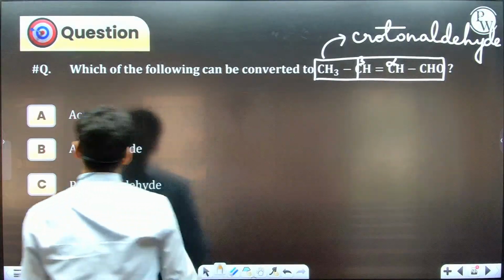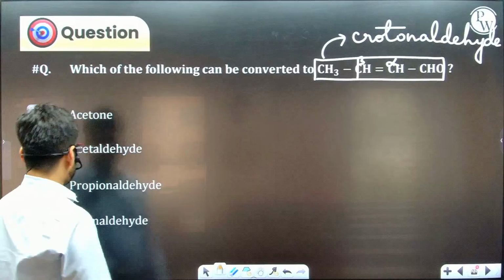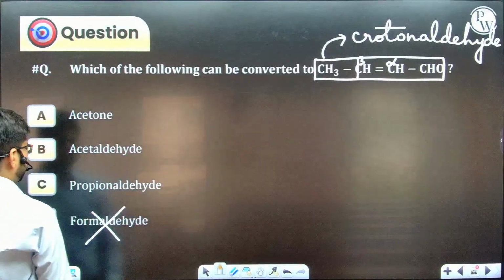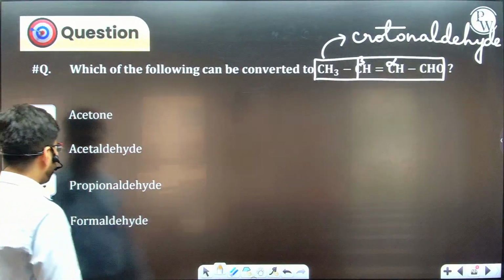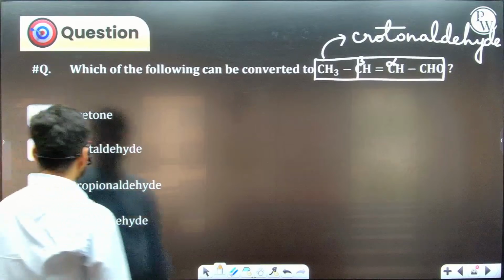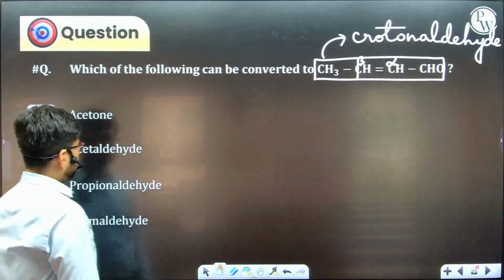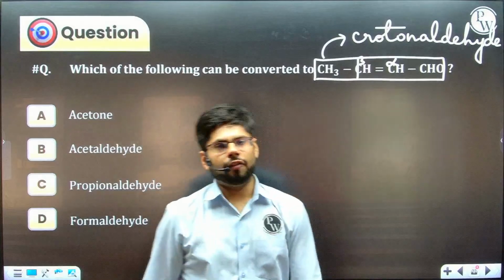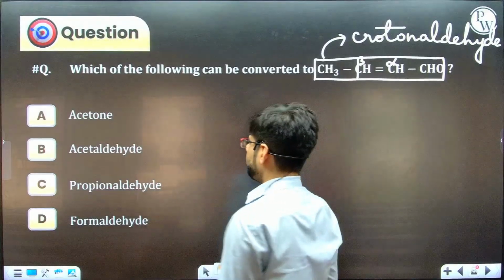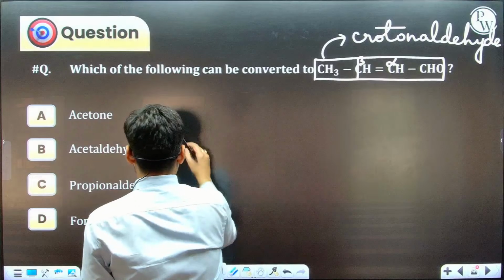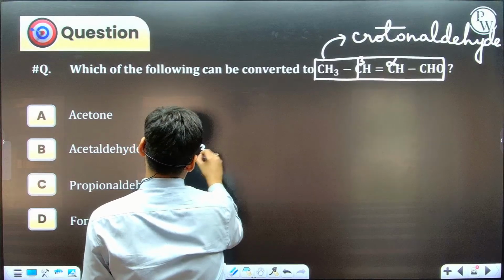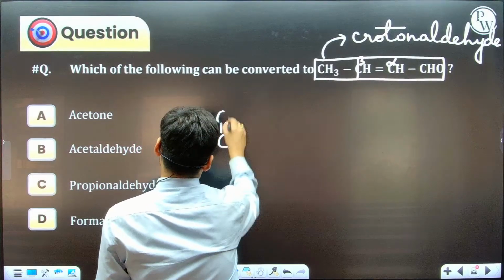So let's perform aldol condensation. Now this cannot undergo aldol condensation, we have discussed already, because this lacks alpha hydrogen, so this is out of discussion. The remaining three compounds are capable of undergoing aldol reaction. Let's randomly take B, that is CH3CHO, acetaldehyde.